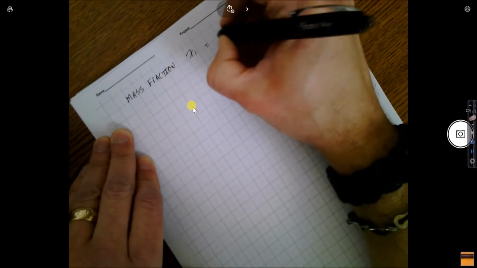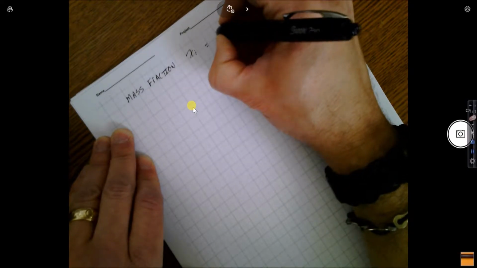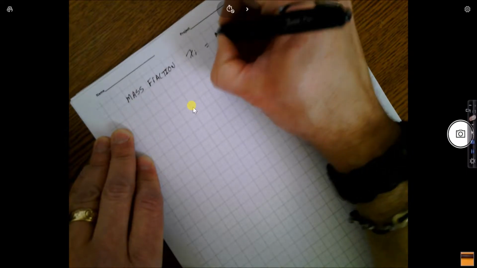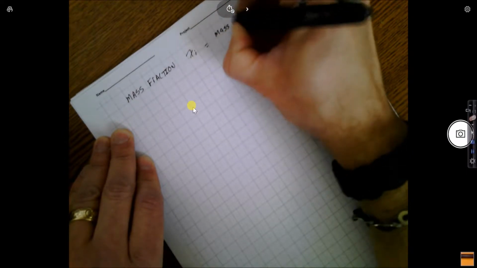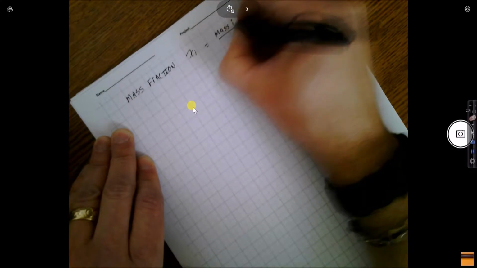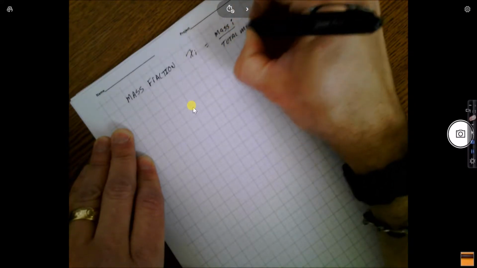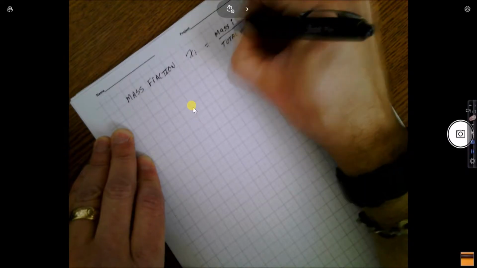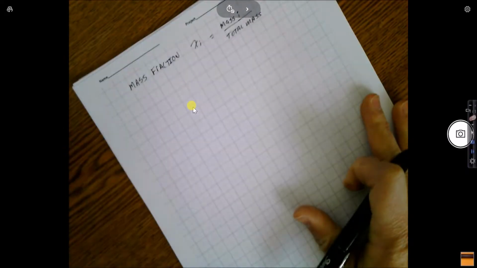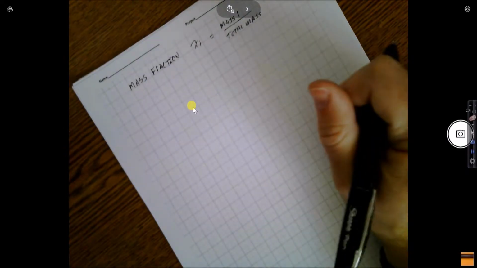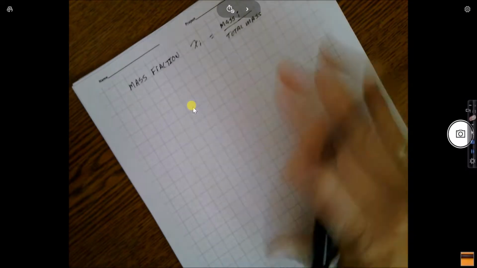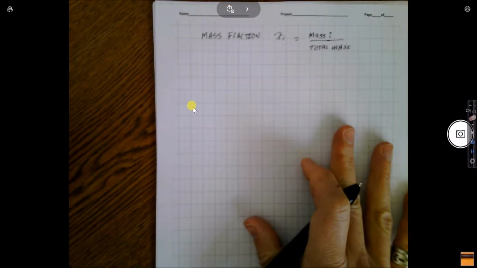Generally we write an equation: it is the mass of i, of your species i, over the total mass. And we can take a look at our recurring theme of titanium dioxide.